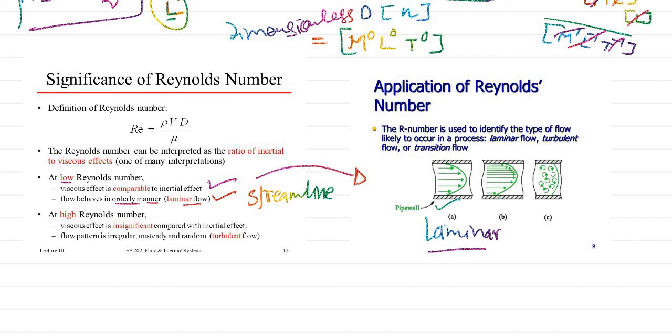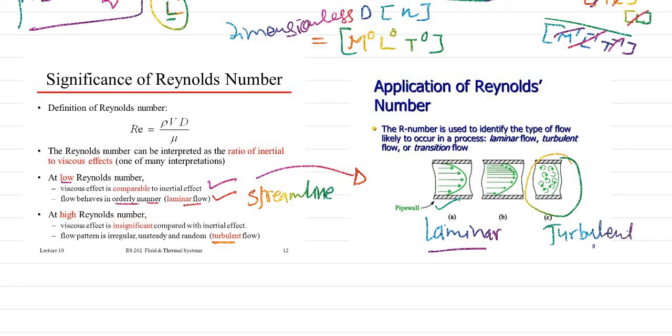And if you have a high Reynolds number, then the viscous effect is insignificant compared with the inertial effect, and the flow pattern is irregular, unsteady and random. That type of flow, as shown in diagram C, we call turbulent flow.